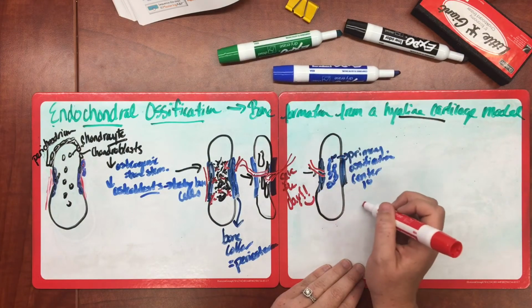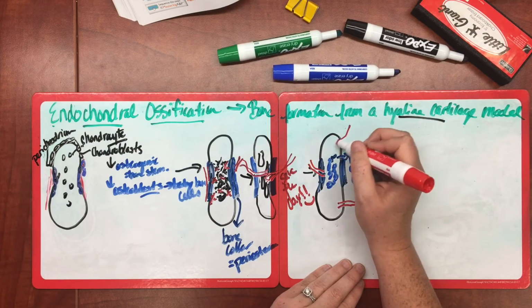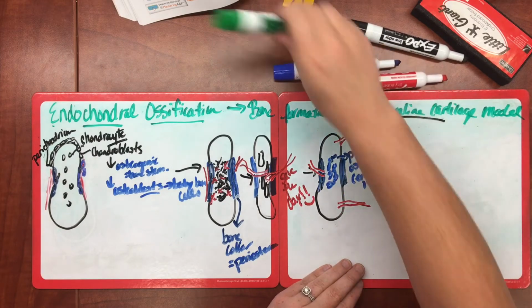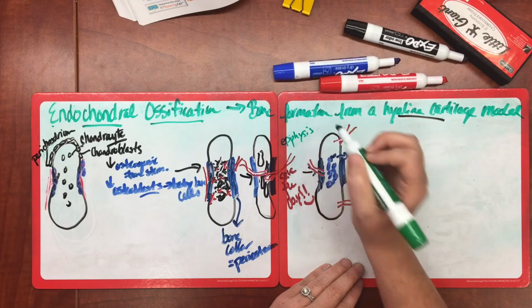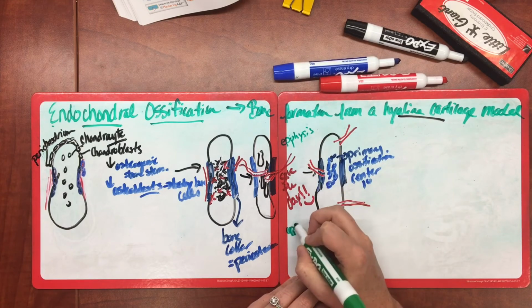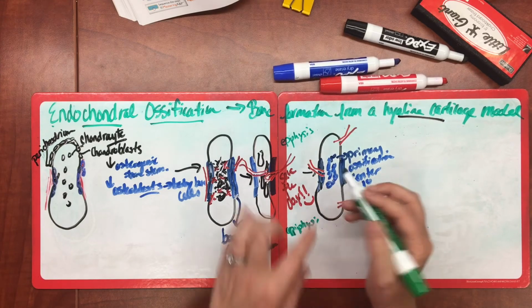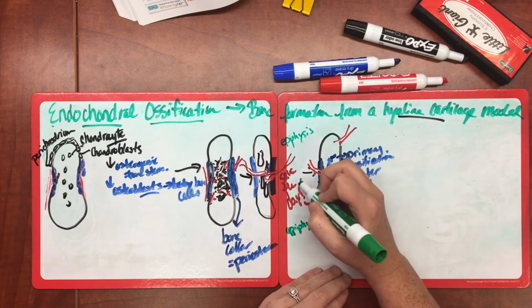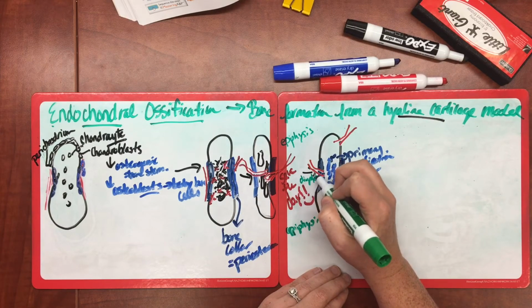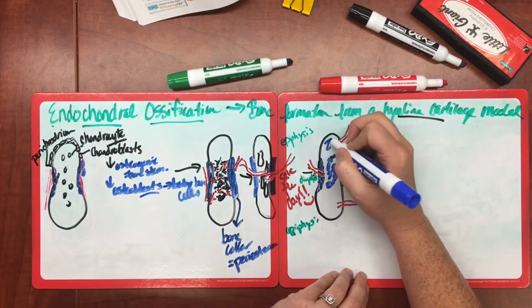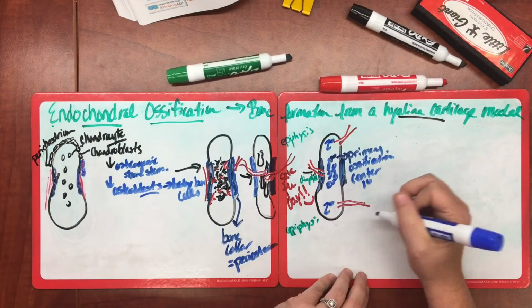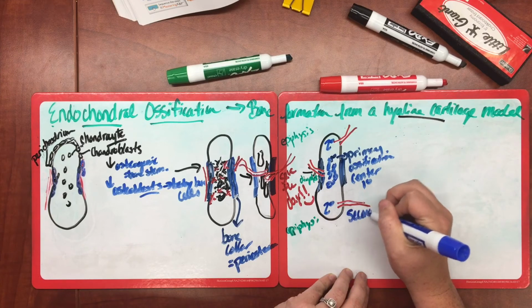Also, you're going to have blood vessels come into the epiphyses. So here's an epiphysis. And you remember what this part was? That was the diaphysis. I'll put that here. So it comes into these other sites, and it's what we call the secondary ossification centers.